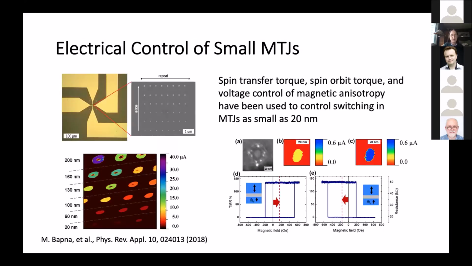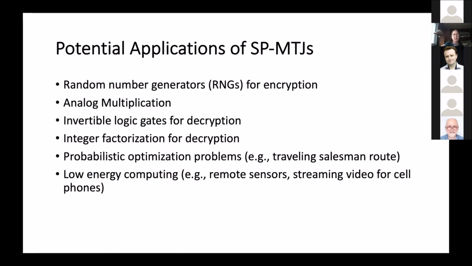Here's an example where we use spin orbit torque to switch devices, and we've looked at the state switching or not switching with our conductive atomic force microscope. So we can do this with devices as small as 20 nanometers. So it's certainly possible to make very small devices and take advantage of the superparamagnetism in the free layers.